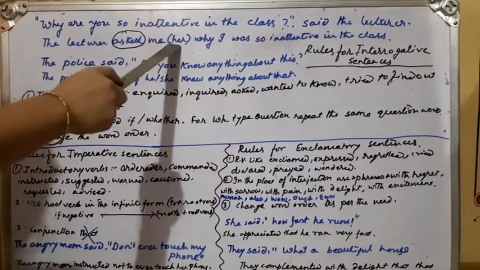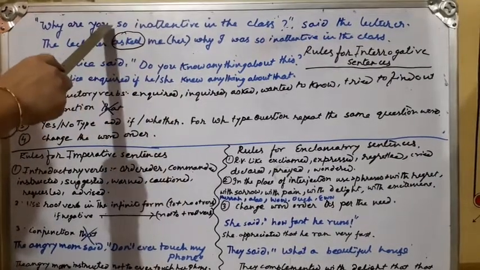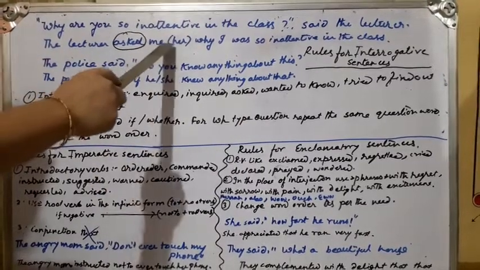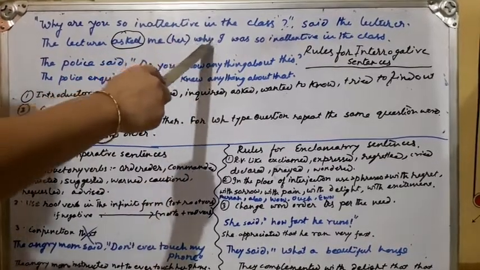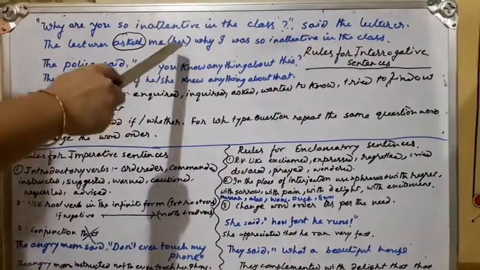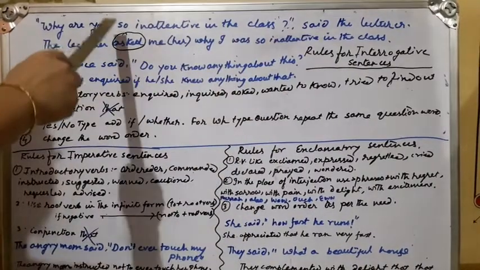You can change it to third person even, either first or third, because you don't know whom the teacher is speaking to, right? Me or her. Why I was so inattentive in the class.